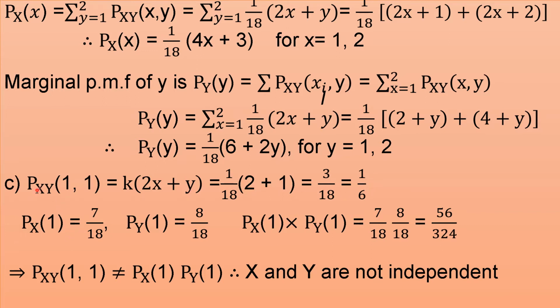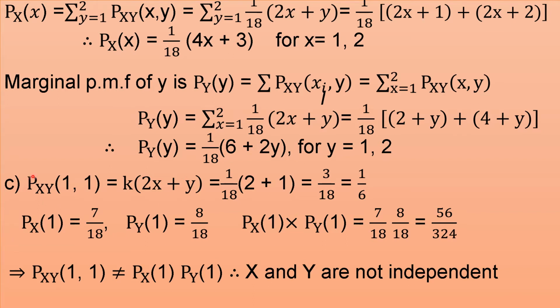Now px of 1 means the marginal probability mass function of x at x equal to 1. Px of x is 1 by 18 into 4x plus 3. In that you put x as 1: 1 by 18 into 4 plus 3, 7 by 18.